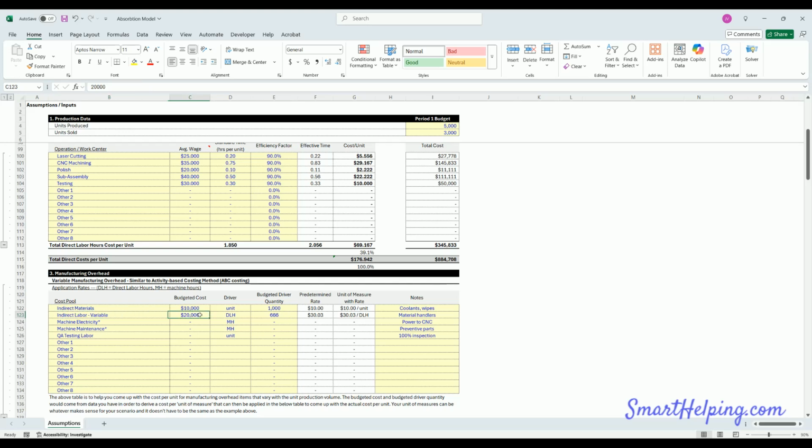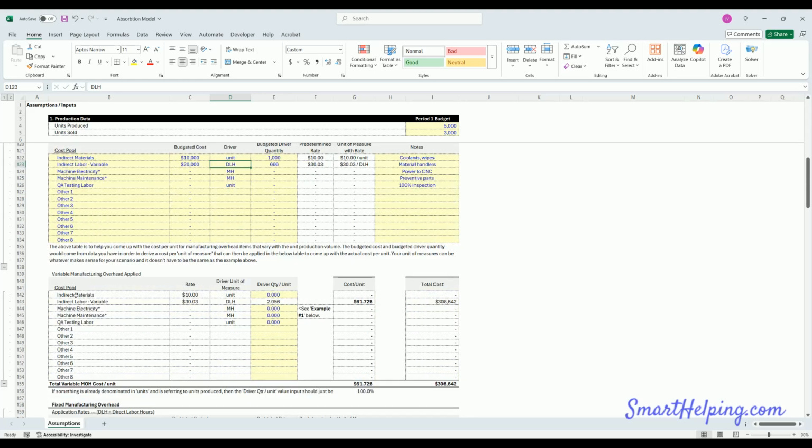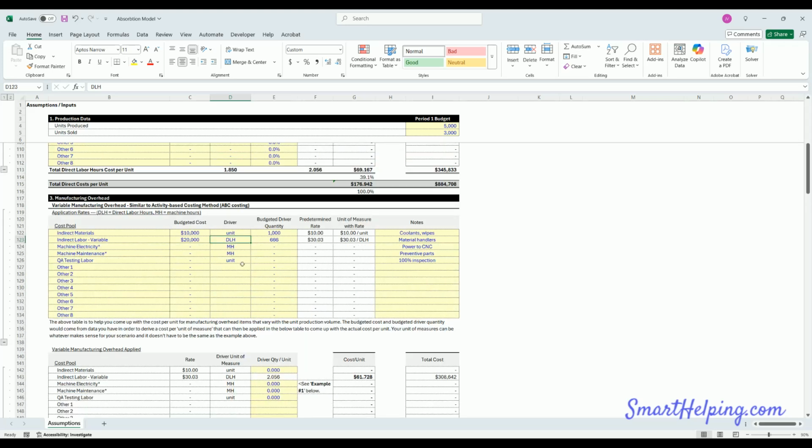So we're figuring out the cost per the given unit, and then applying that to what it costs per unit for whatever that is, and then we'll calculate that down here for the cost per unit for variable manufacturing overhead. Okay, so again, we're just saying indirect labor 20,000. We want to figure out for every one unit produced, how much are we spending for indirect labor? And you'll see it'll come together down here.